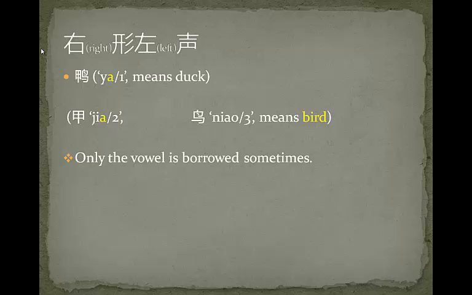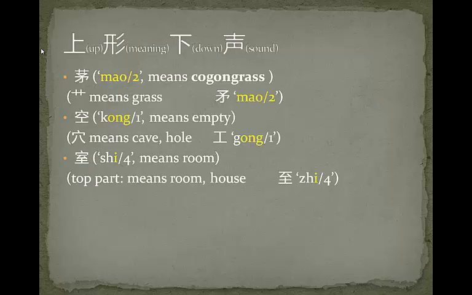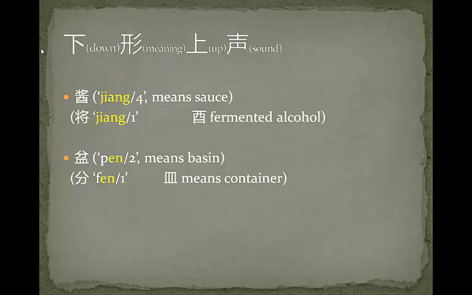The right part indicates meaning, but the left part indicates pronunciation. Then some characters can be divided up into upper and lower parts. 上形下声: the upper part indicates meaning, the lower part indicates pronunciation. Next we shift it again, 下形上声. The lower part indicates meaning and the upper part indicates pronunciation.